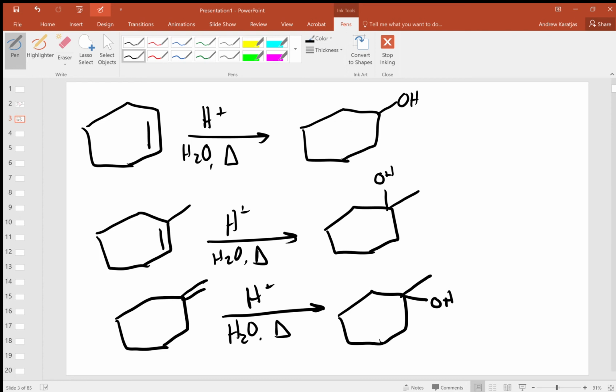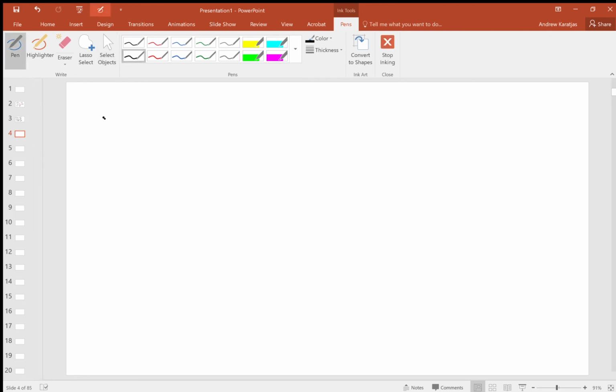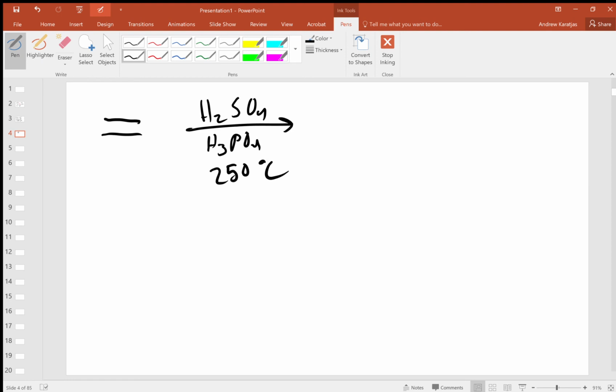So where might we see a hydration reaction get used? Well, probably the simplest and most important example of this acid-catalyzed hydration is the reaction of ethylene. If you take ethylene and you add sulfuric acid along with phosphoric acid, and you've also got to heat it up pretty high, you make ethanol.